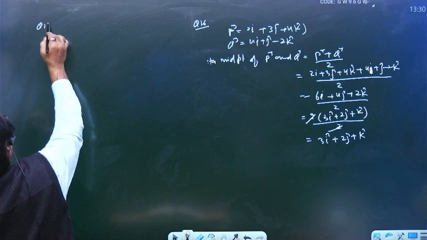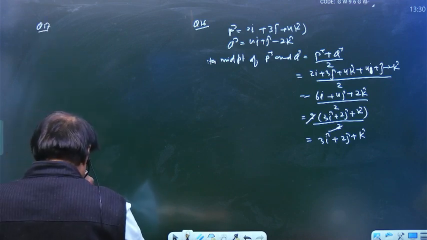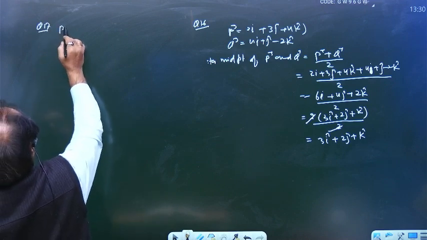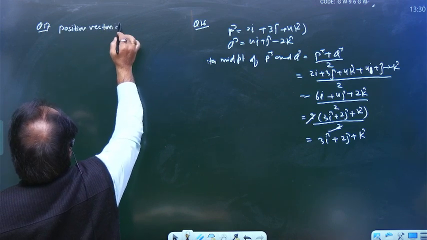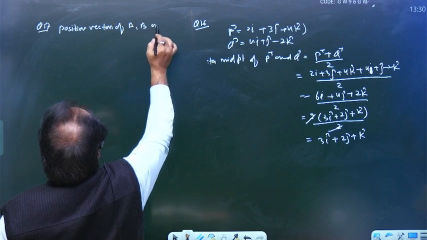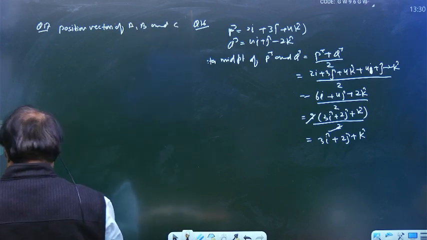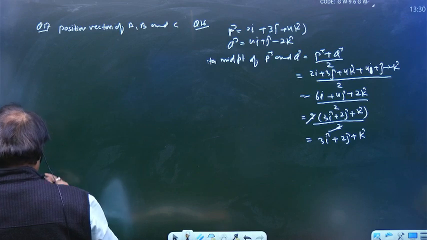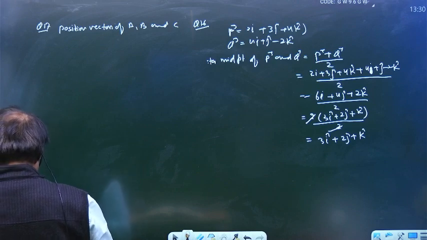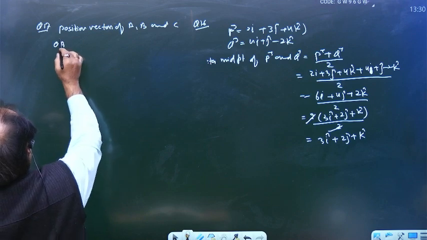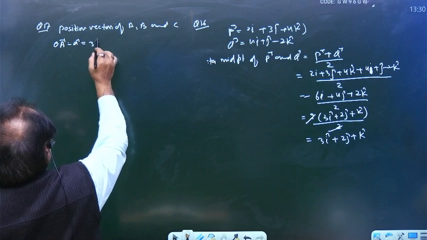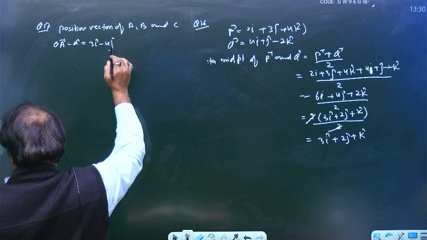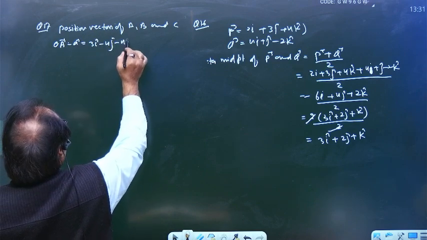Question number 17. The position vectors of A, B, and C are given. Vector A, that is OA, is 3i cap minus 4j cap minus 4k cap.